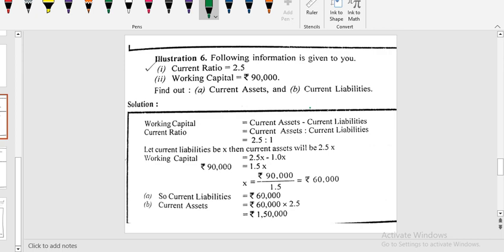We have to find what the current assets and current liabilities are. See, the formula for working capital is current assets minus current liabilities.